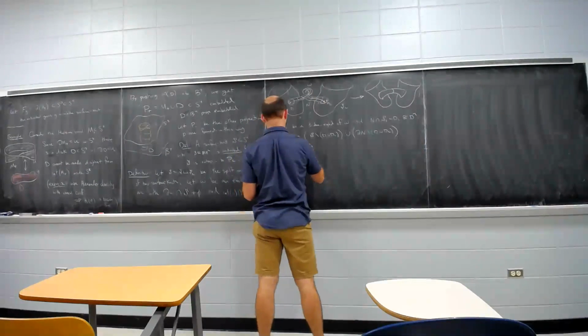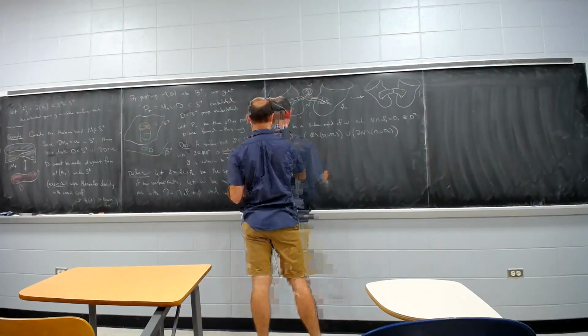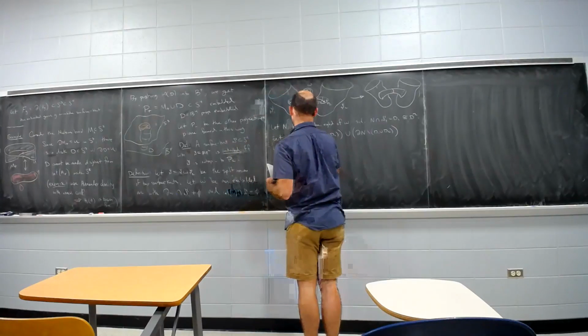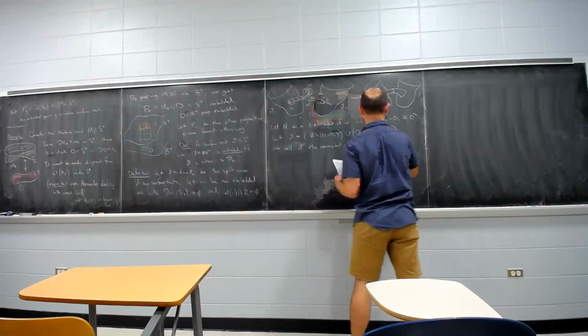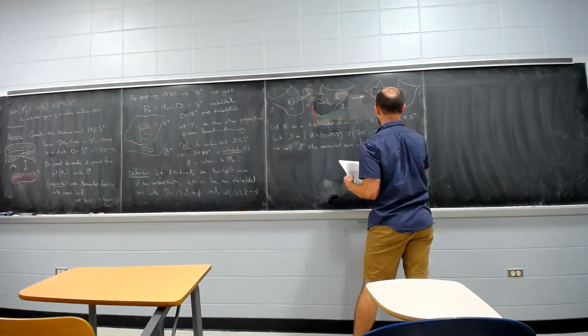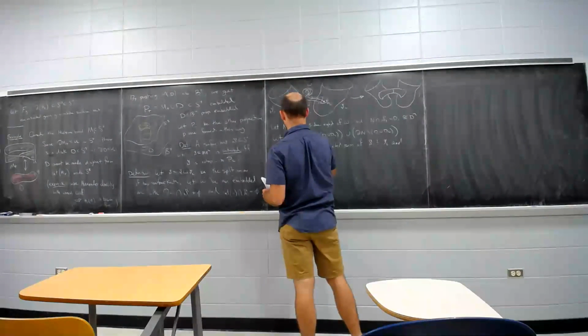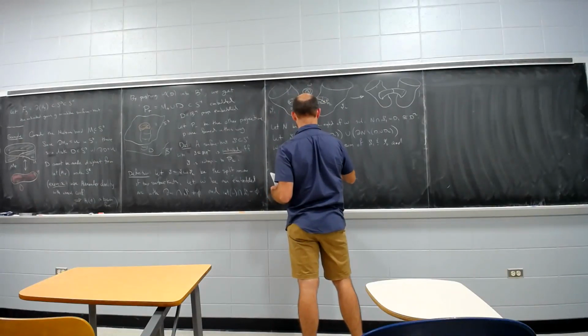We call S prime the connected sum of S1 and S2, and we write S prime equals S1 connected sum S2.